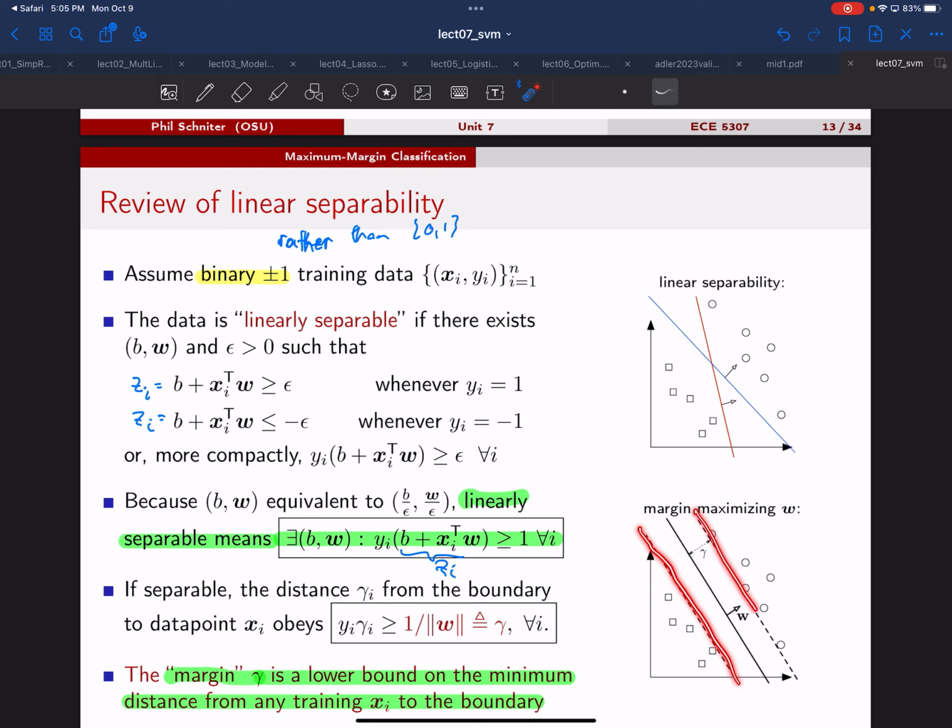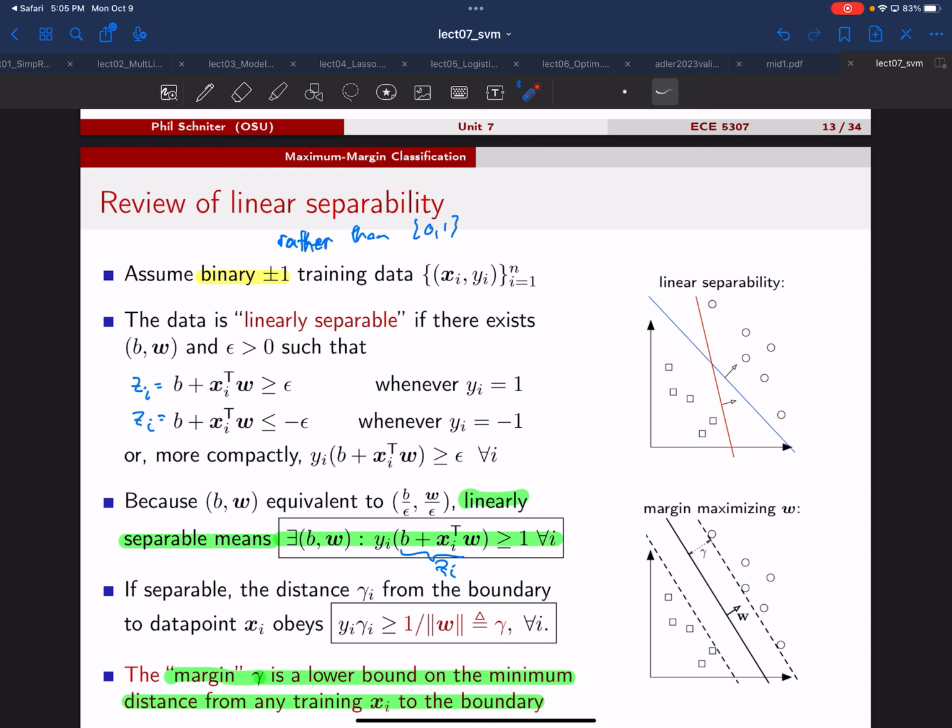You can fit that street in perfectly between all your training samples, and the half width of the street is this gamma, or at least a lower bound on it.